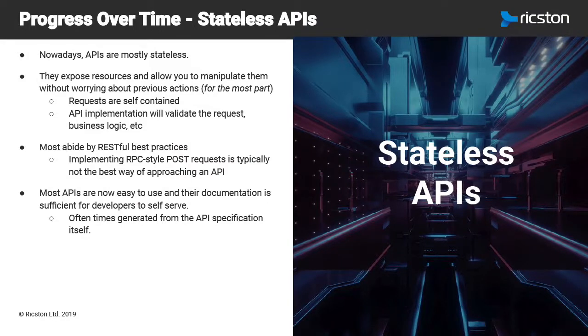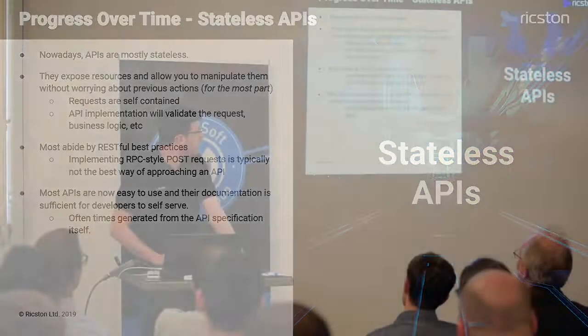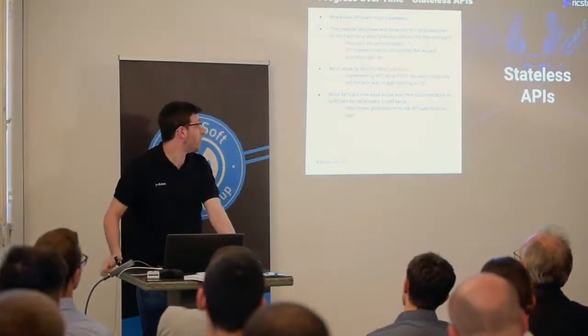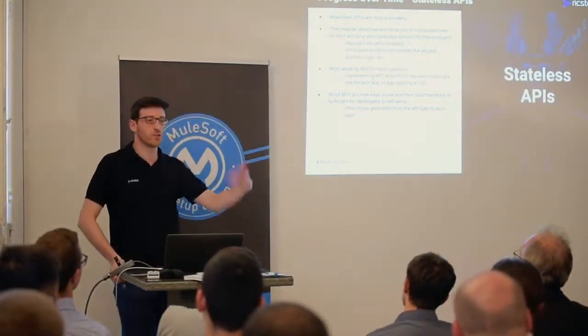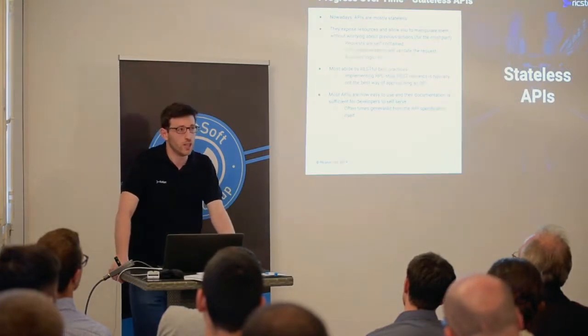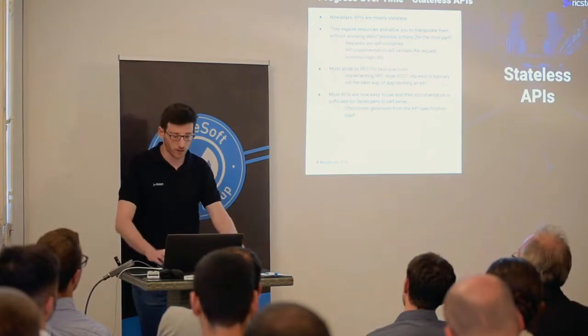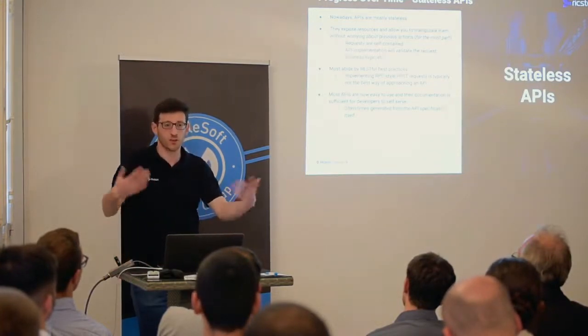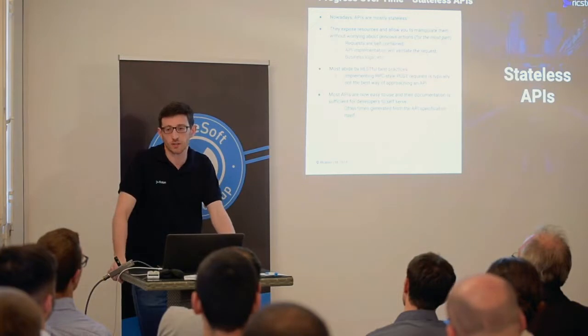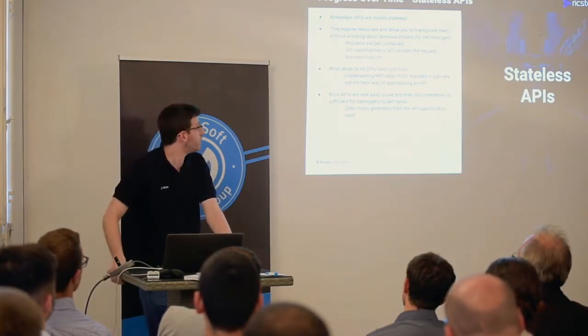Now, the difference between these kinds of APIs and stateful APIs is that typically state is stored on the client, and then your requests are effectively self-contained. So the API implementation, or rather the business logic behind the stateless API, will validate the request, the business logic, and so on. Typically, from what I've seen, you tend to get an all or nothing approach. So it's safer than having a stateful API, because you know that if a request has failed, then your state on the server hasn't been effectively touched.